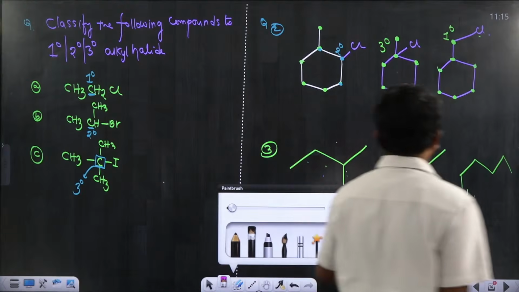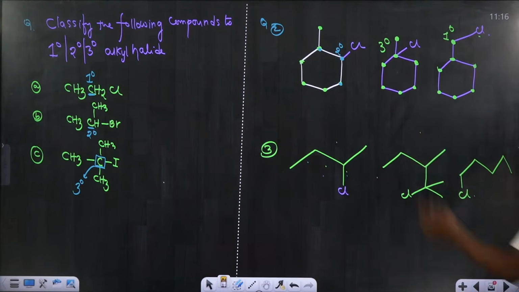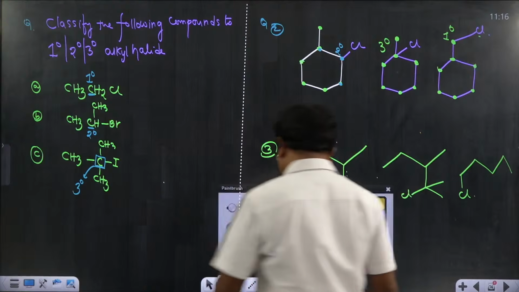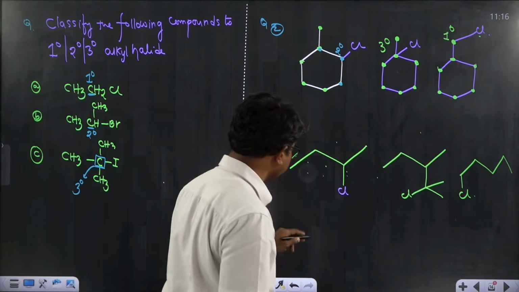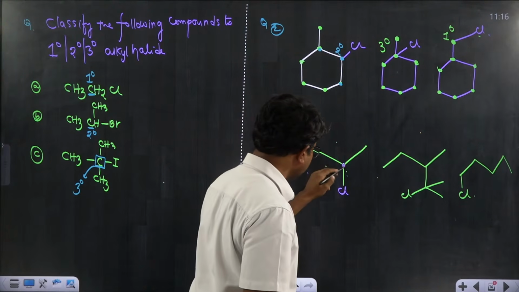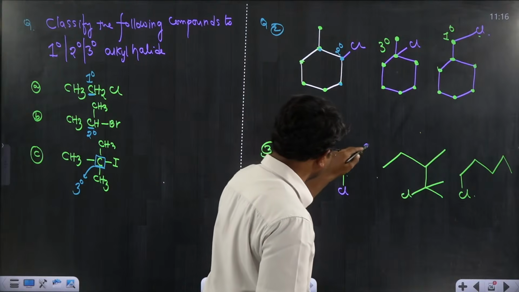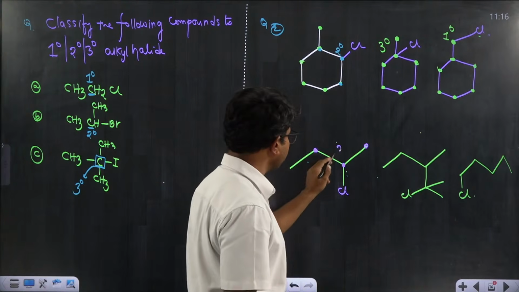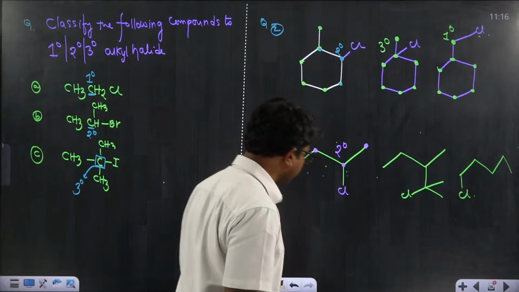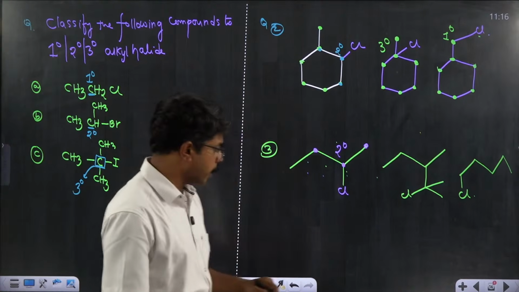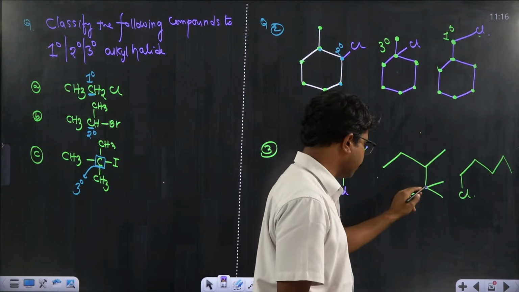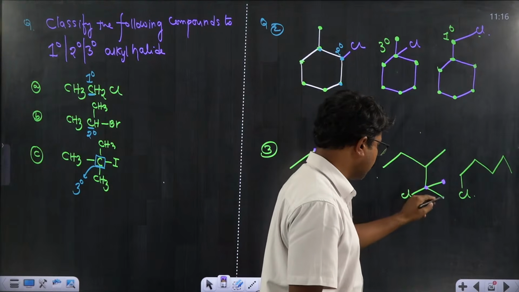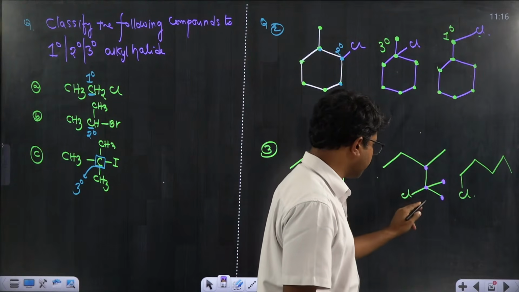Now, work on this example. In the third example, this carbon is directly in contact with how many carbons? Only two carbons. Hence, this carbon is a secondary carbon. The corresponding alkyl halide is a secondary alkyl halide. And this carbon is directly in contact with three carbons.